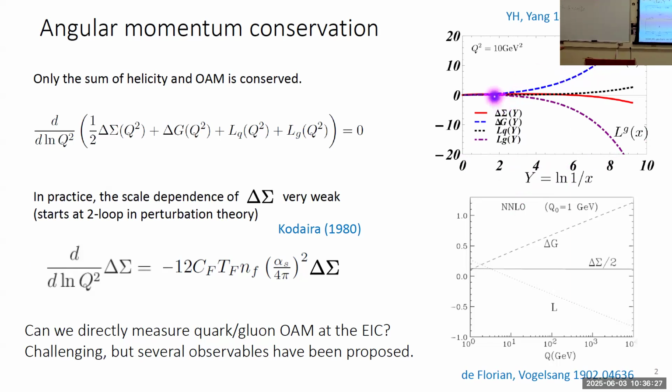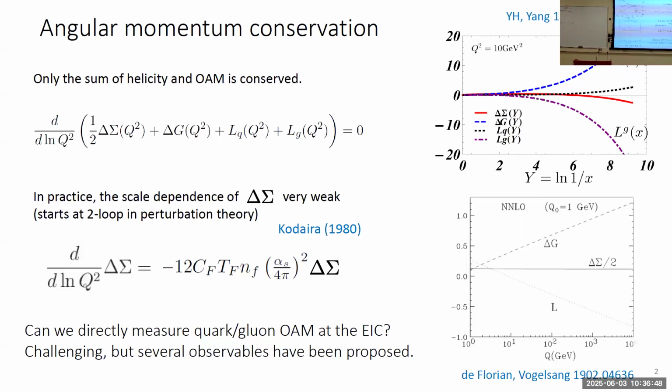And in the small x region, delta G goes up. But this is compensated by the gluon orbital angular momentum density, which has the opposite sign, so that the sum is manageable. So this means that the orbital angular momentum is always there.